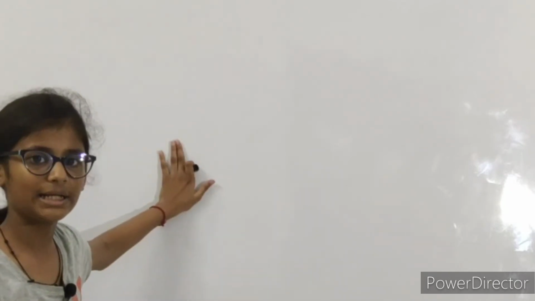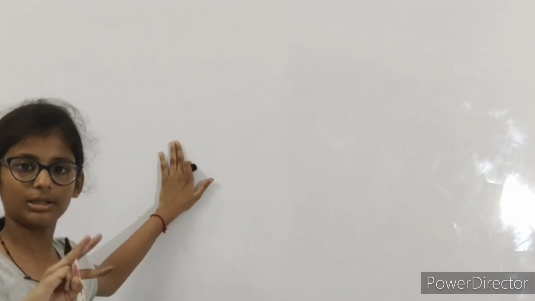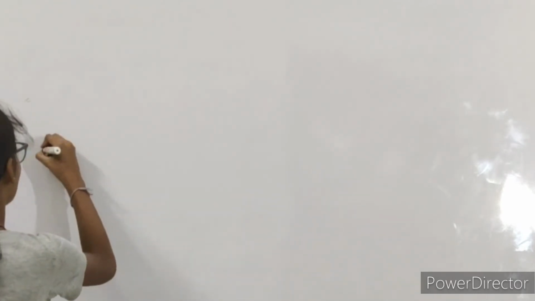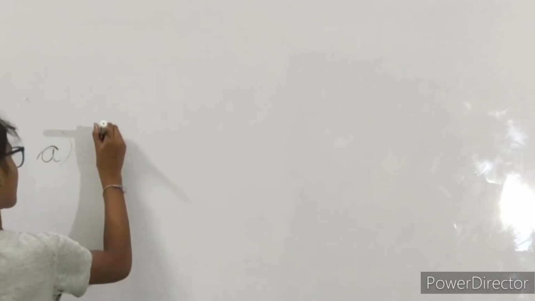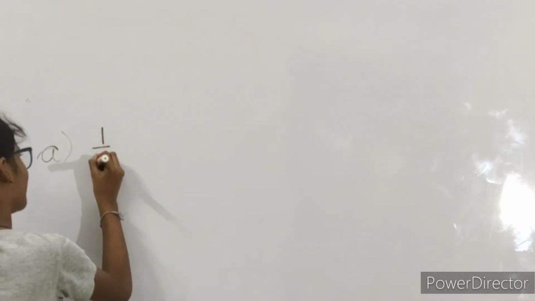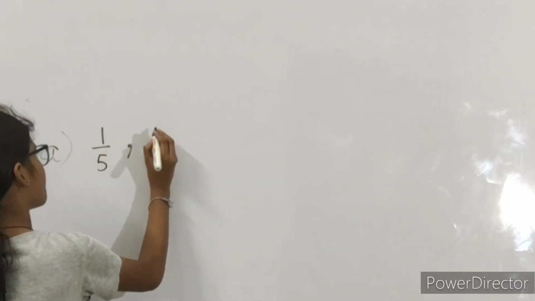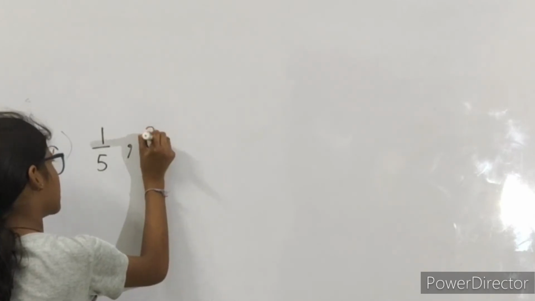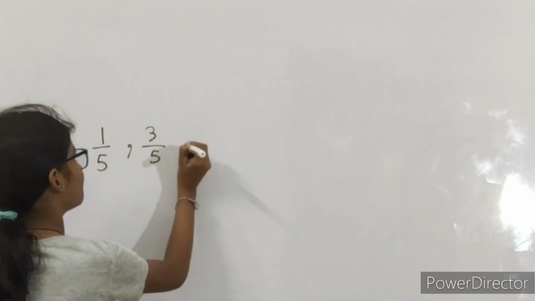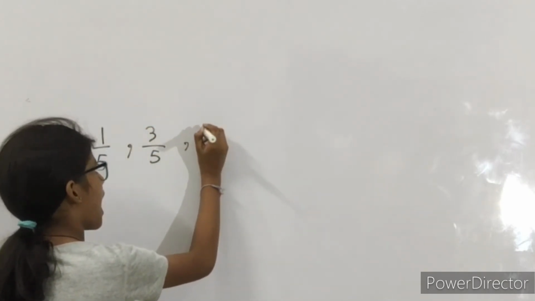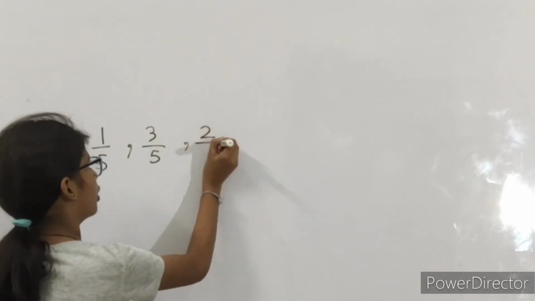If I write here 3 groups, I'll make 2. The A group is 1/5, 3/5 and 2/5.